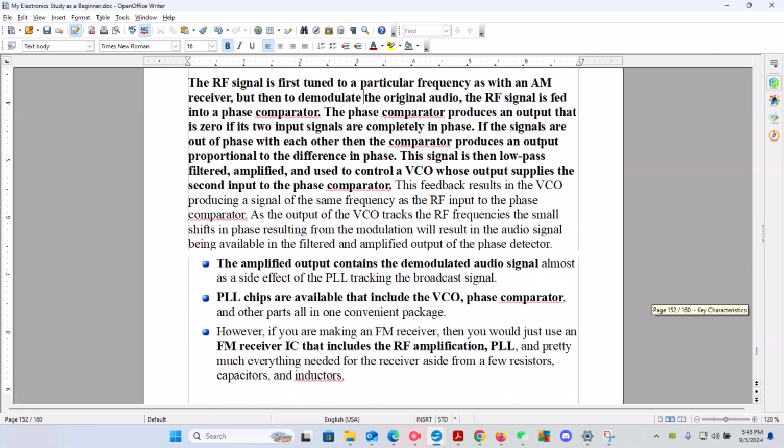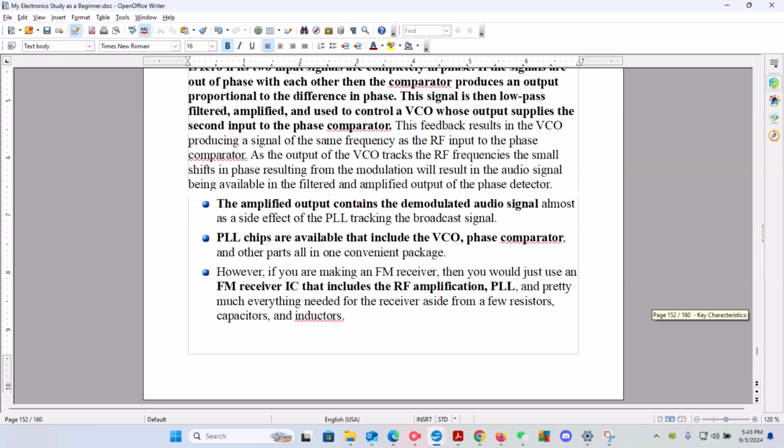Now let's talk more about it. Our amplified output will contain the demodulated audio signal almost as a side effect of the PLL tracking the broadcast signal. PLL chips are available that include the VCO, phase comparator, and other parts in one convenient package.